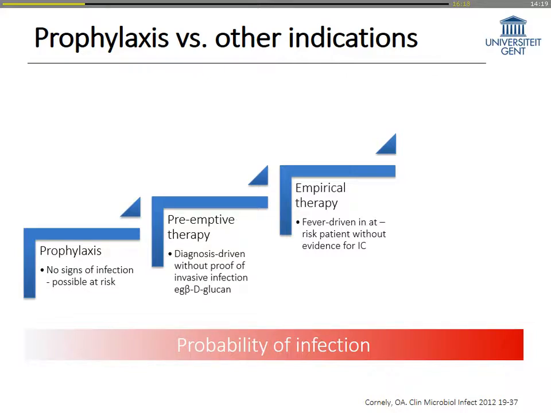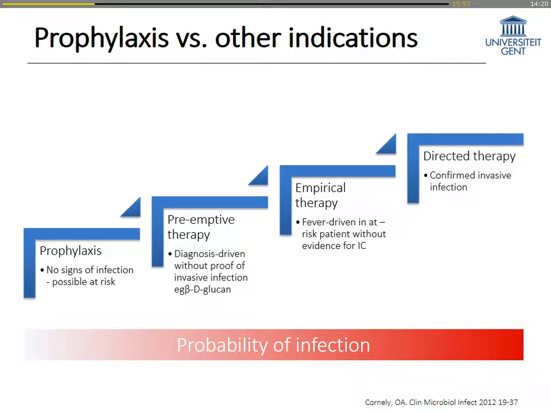Empirical therapy, on the other hand, is the situation where there's clinical information pointing to infection, most often fever, although of course it has a lot of limitations, but you don't have any evidence yet of invasive infection. It's just the setting where you would expect that Candida is maybe causing the infection.